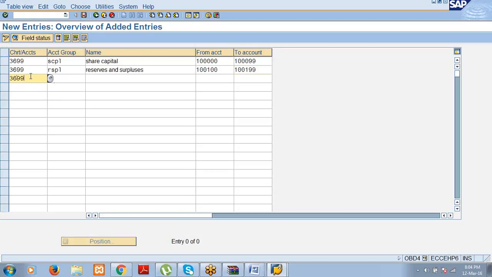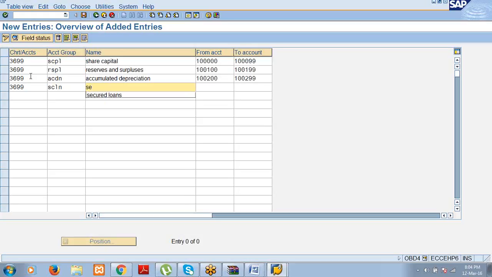Chart of accounts 3699. Account group is ACDM. Accumulated depreciation. From number is 1,200,000 to 1,299,000. Chart of accounts is 3699. After ACDM, I am creating the account groups according to the material only.